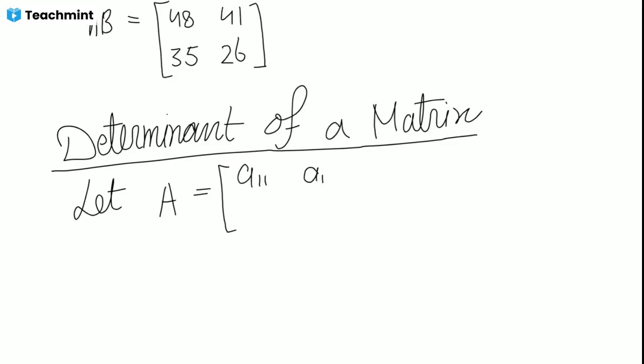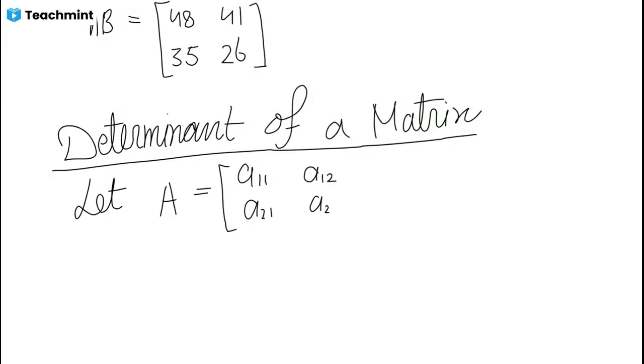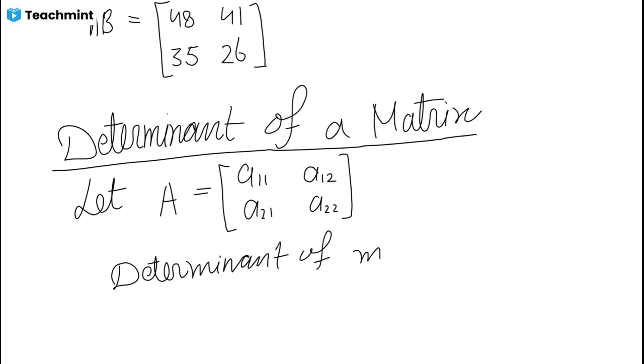We can only find determinant for a square matrix. Determinant of A is denoted by this symbol, determinant of A, but most common is this symbol.